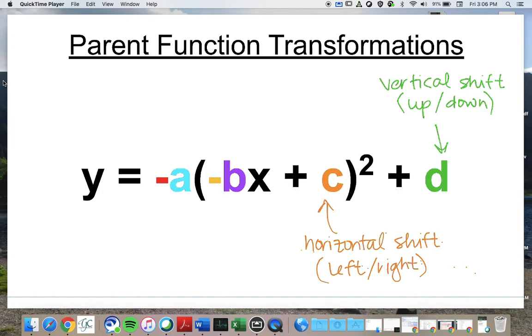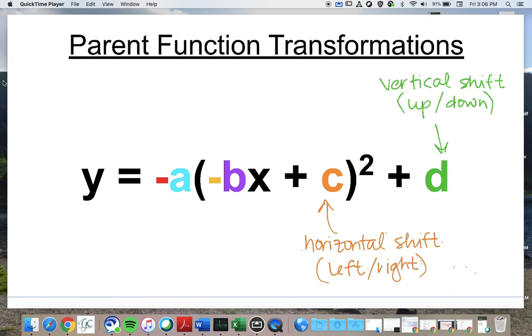Second category of transformations is stretches and compressions. This comes from multiplying or dividing by a number in front of your variable or in front of the entire equation. So the a and b values here are acting as our multipliers. They will both result in a stretch or compression.